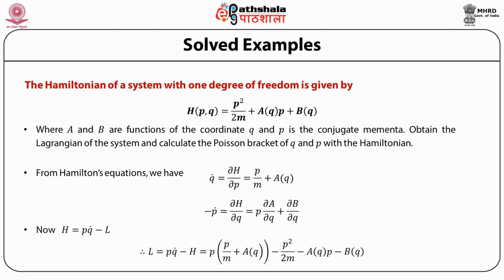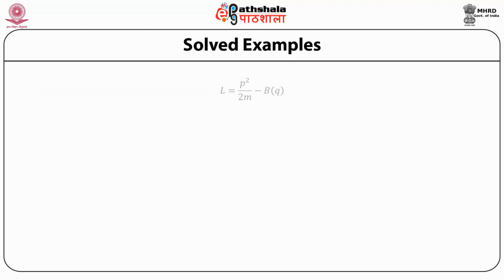Since the Hamiltonian is p q dot minus L, therefore L is equal to p q dot minus H. Substituting for H and for q dot from the equations of motion, we obtain an expression which can be simplified to give L equal to p square by 2m minus b of q.